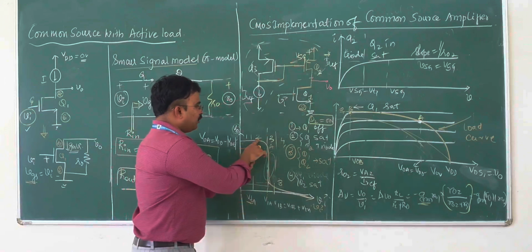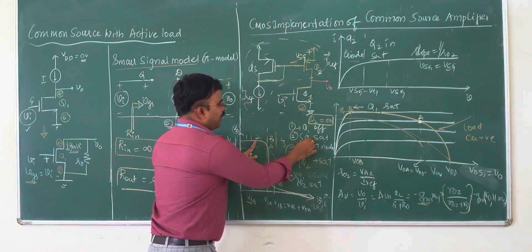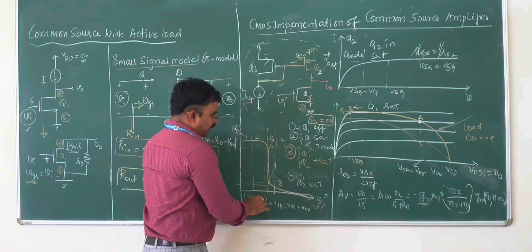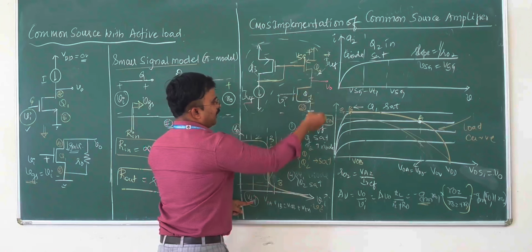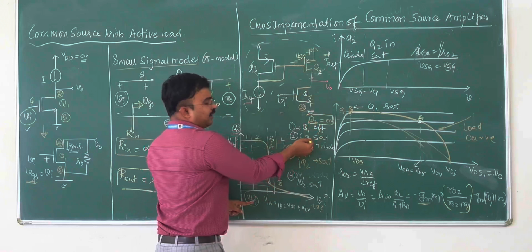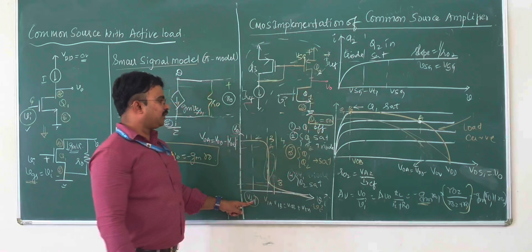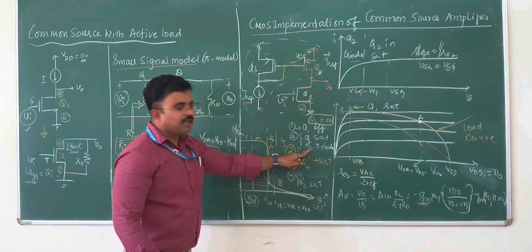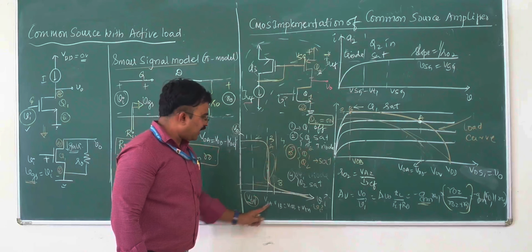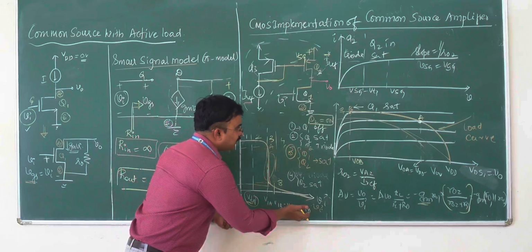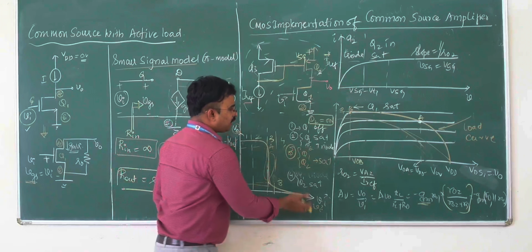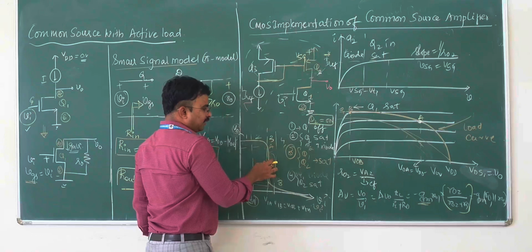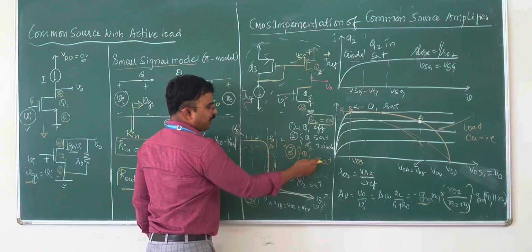Now region 2, where Q1 is turned on because the input voltage is greater than VTN, the threshold voltage, but the moment it is turned on, it enters the saturation region, while the Q2 transistor will still remain in the triode region. Once you start increasing the input on the x-axis, both transistors enter region 3, where Q1 and Q2 will be in saturation.